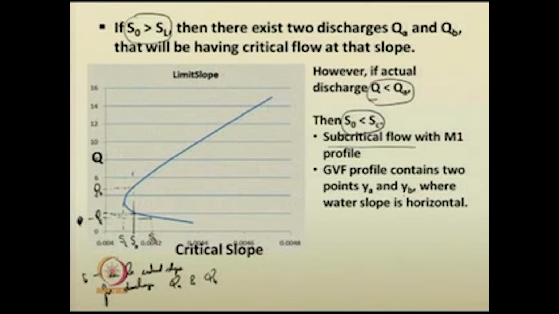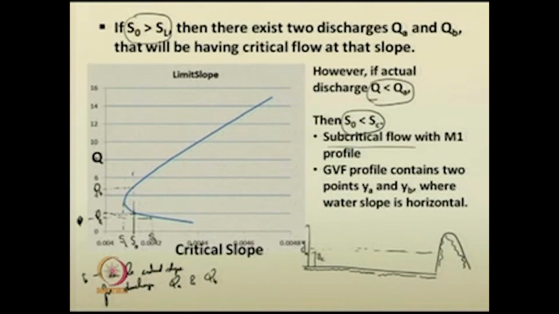If I want to plot them, say your bed profile, initially the normal depth yn, and you have the critical depth yc. So, from the normal depth this is going to follow an M1 profile.